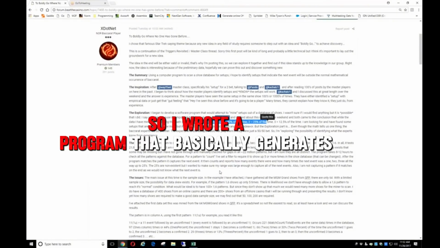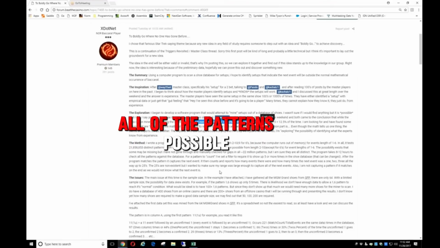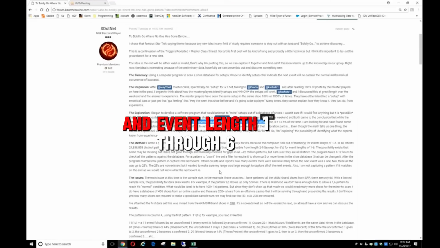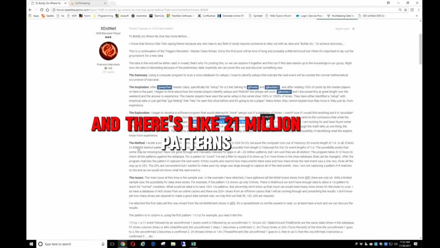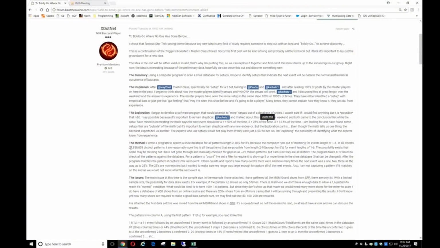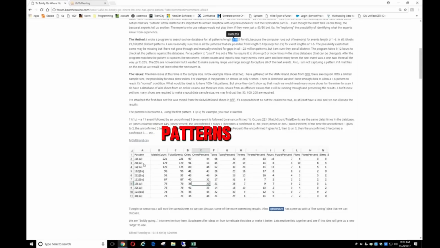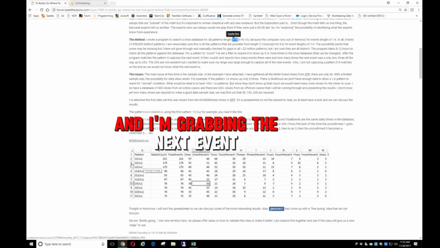So I wrote a program that generates all of the possible patterns from pattern length 1 through 10 and event length 1 through 6. There are about 21 million patterns. The program looks into the database for each of the patterns, and I grab the next event.